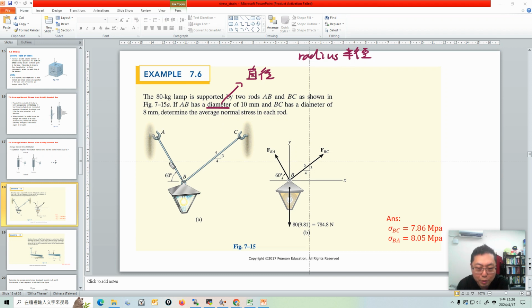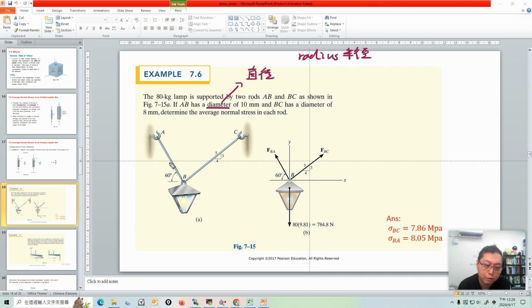Sometimes you will scramble these two and all your calculation will be wrong. It really happens: your calculation process is all correct, but you misuse the diameter and radius, so your final result is wrong. That happens a lot, so be very careful whether it's diameter or radius.